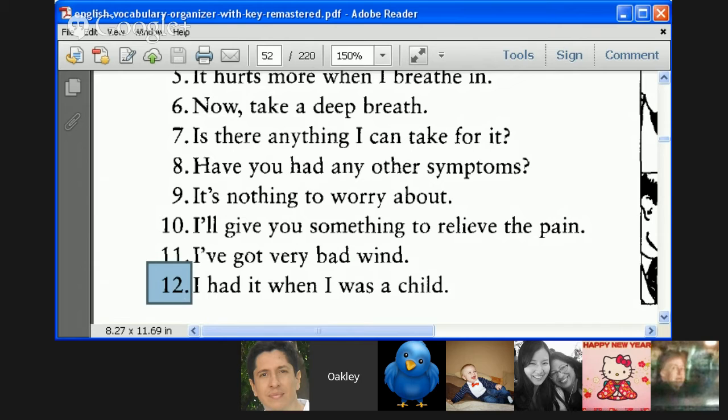Number 12. I had it when I was a child. I had that symptom when I was a kid. Or a disease, like, have you ever had the measles? Yes, I've had it when I was a child.